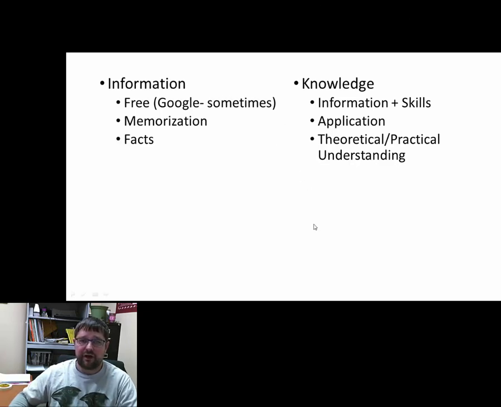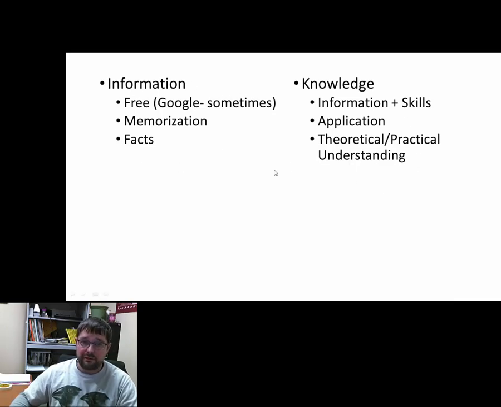But knowledge is taking those facts, taking that information, and combining it with your skills. So using your skills to combine information so you can apply that information, and that's how you gain knowledge. Okay? And so knowledge is often considered theoretical and practical understanding of certain subjects.